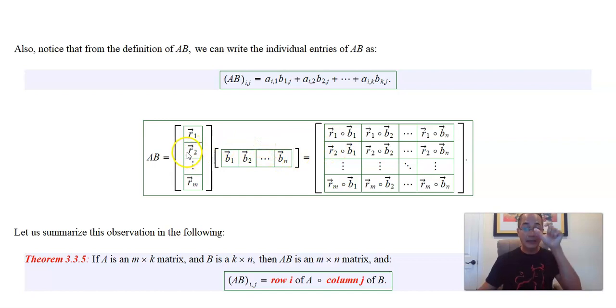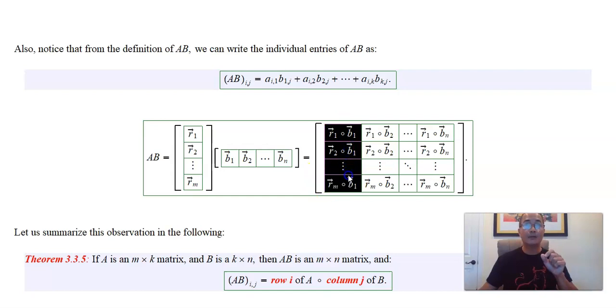The next entry in that column is row 2 dotted also with B1. So that's over here. So the first column in the matrix product are the rows of A dotted with column 1 of B. So this is a way to see how column 1 is formed as dot products using the rows of A with the same first column of B.